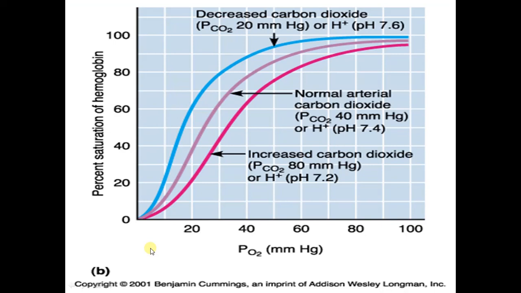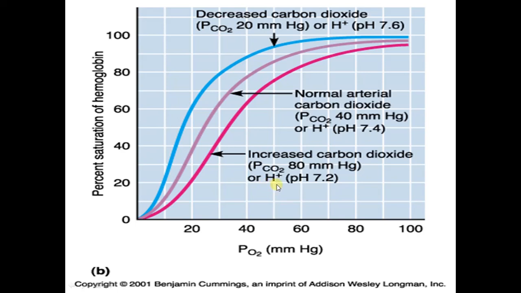So here are different factors that affect the dissociation of the oxygen hemoglobin dissociation curve, either to the right side or to the left side. So increased carbon dioxide concentration, as we just discussed, will shift the curve to the right side. Increased hydrogen ion also have the same effect.